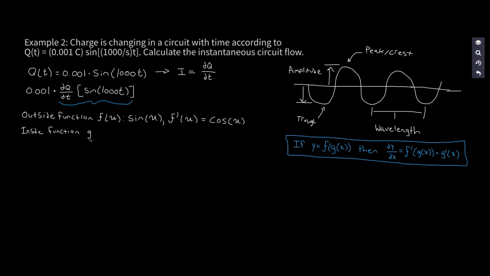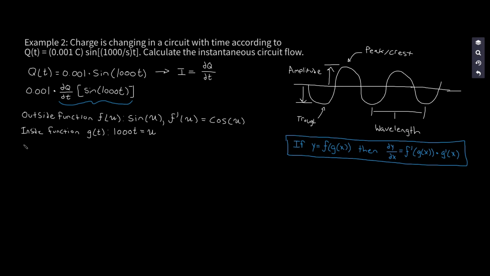So the inside function, we'll just call this g of t. What's on the inside of this trigonometric function is 1000 times t. We can also call this u because it's what's going to go inside of this cosine function here.